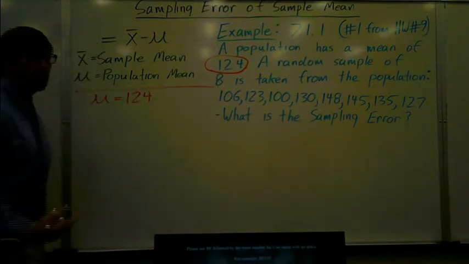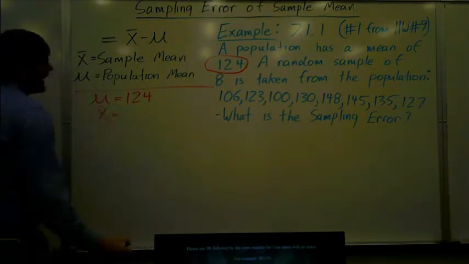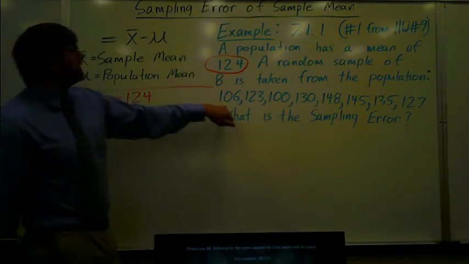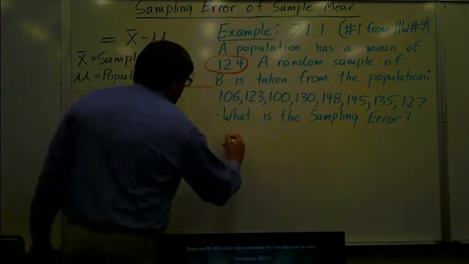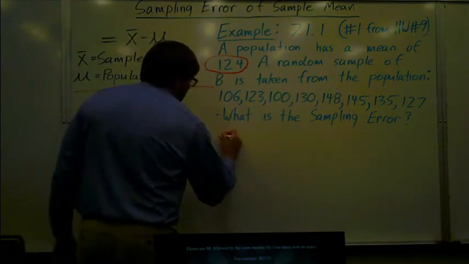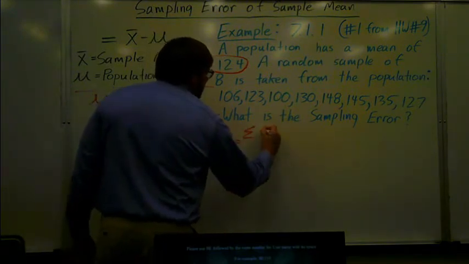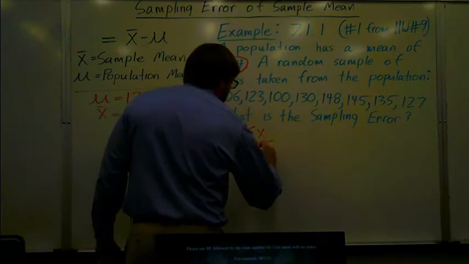We also need to know our sample mean, x bar. We're not given it directly, we're just given the sample of 8. So we need to use the formula where the sample mean is equal to the sum of all of our x values divided by however many x values we have.